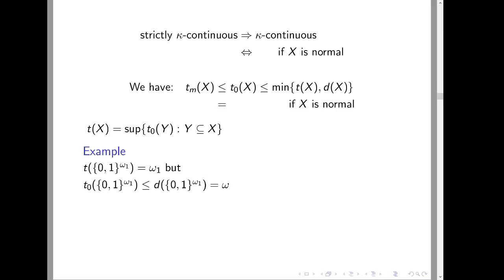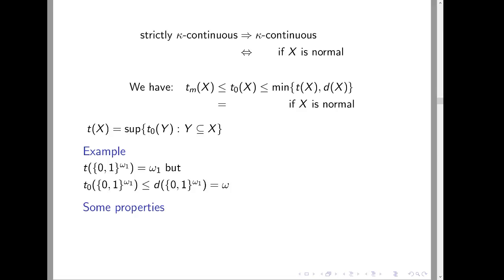And let me give you this simple example where the tightness and the functional tightness are not equal. Consider the Cantor cube of weight omega 1. The tightness of this space is omega 1, but the functional tightness is countable because this cube is separable, and the functional tightness is always below the density character.